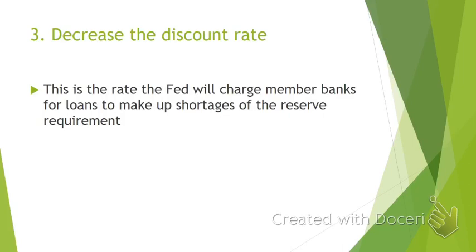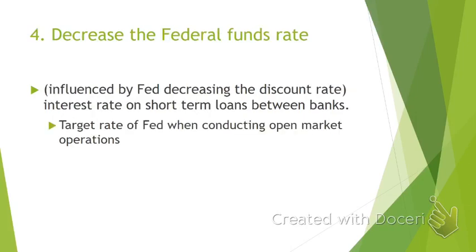Okay, that's the discount rate, the rate the Fed charges banks. Then the federal funds rate. This is influenced by the Fed decreasing the discount rate, and that's the interest rate on short-term loans between banks. Okay, this is the target rate of the Fed when conducting open market operations.